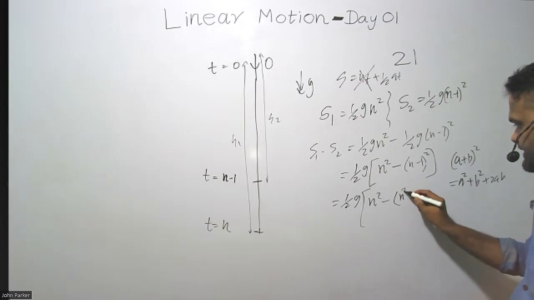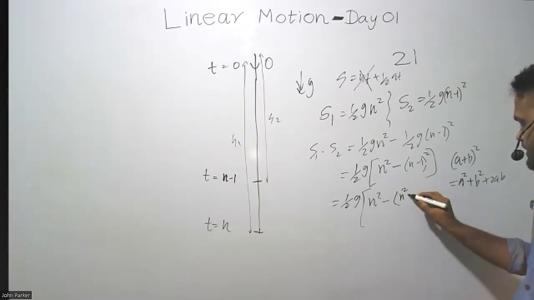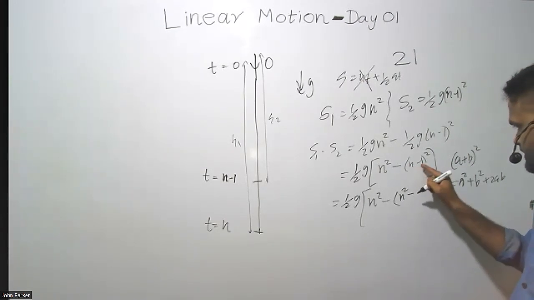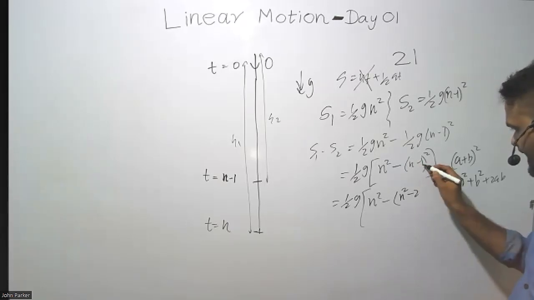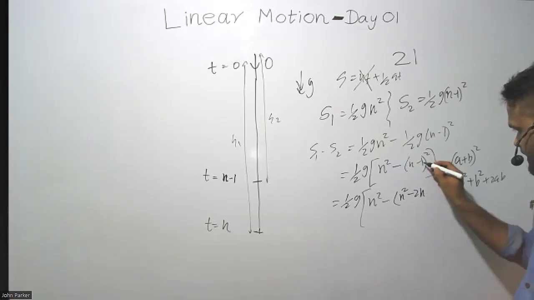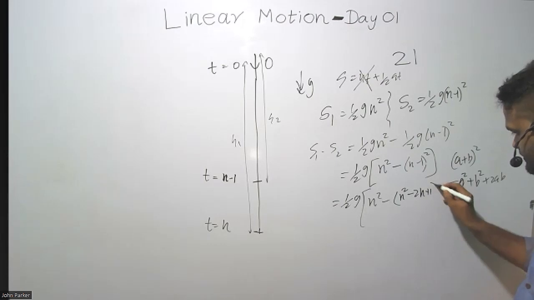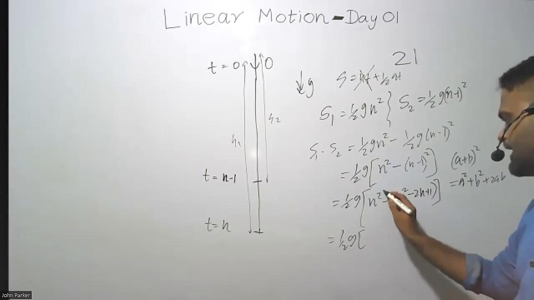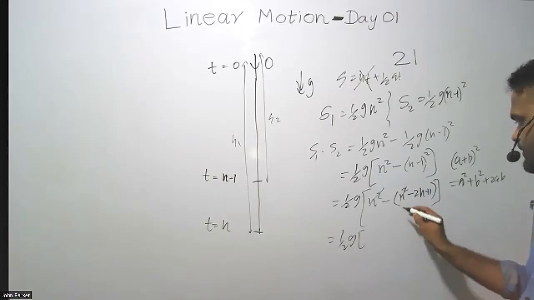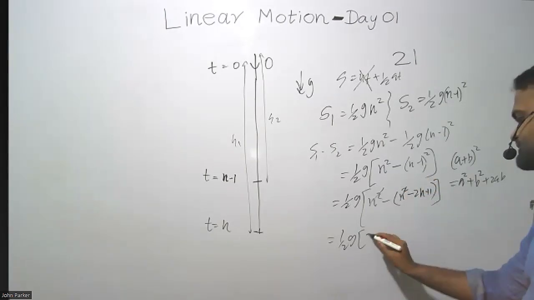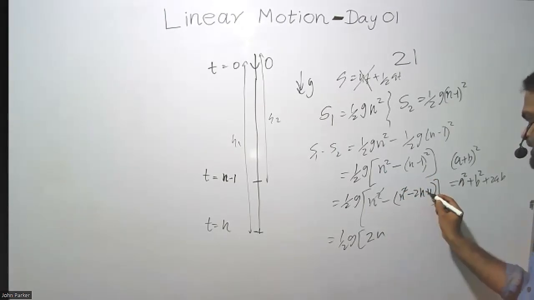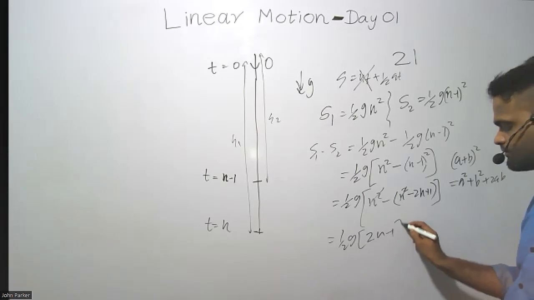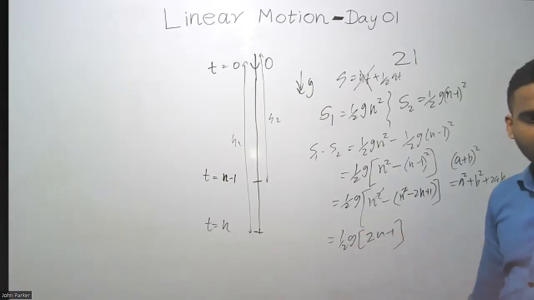What do you get? n squared minus 2ab, 2 times n times 1, that is 2n, plus 1 squared, which is 1. Half G, n squared minus n squared, then minus times minus is plus 2n, and minus 1. Half G (2n minus 1).